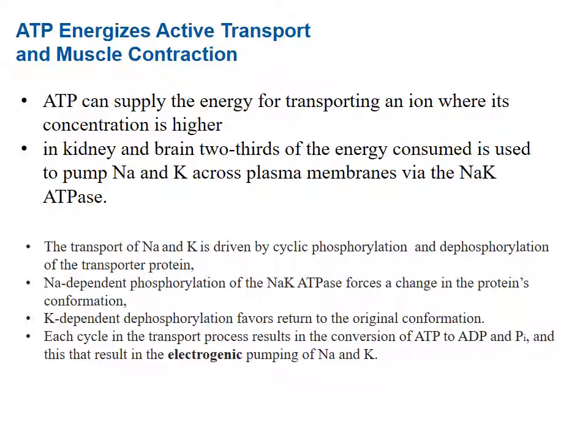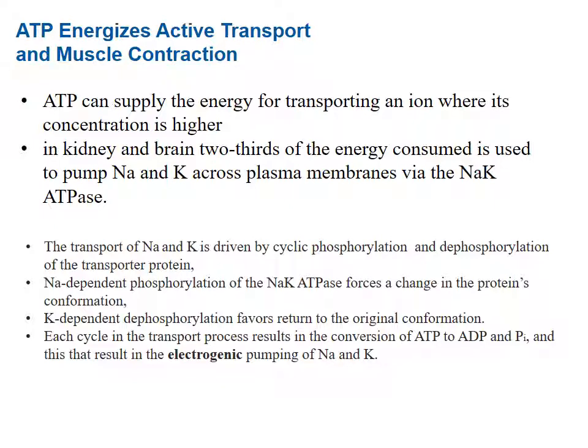Now let's look at what else ATP can do. It can create electrochemical gradients. It can result in muscle contractions. Now let's see how. ATP can, for example, support the transport of ions against their concentration gradients.